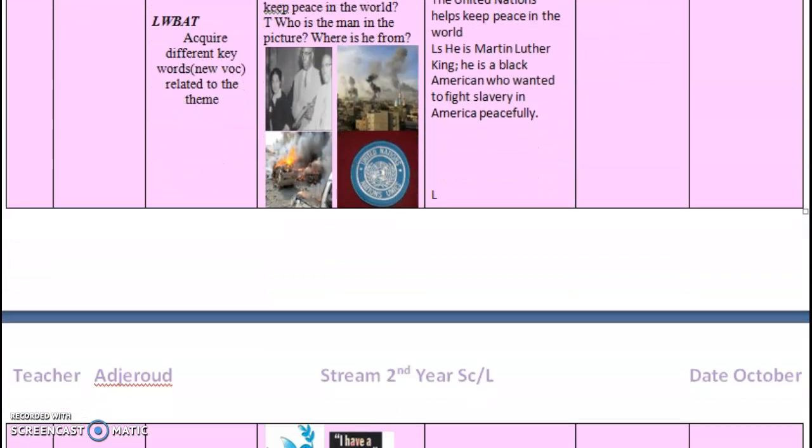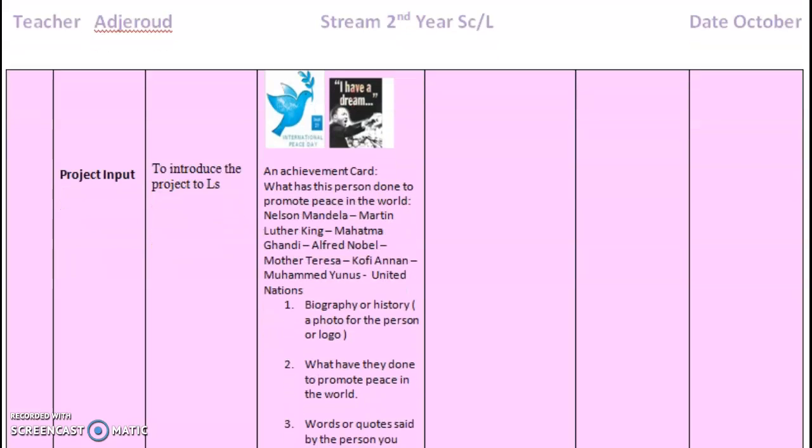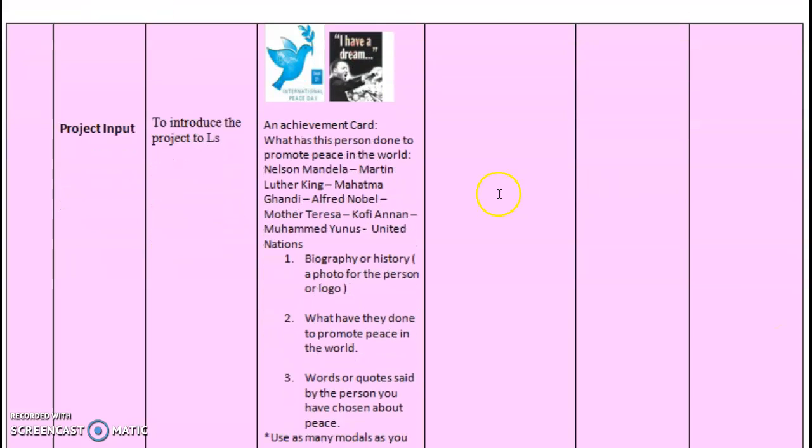Next, in previous years, we used to give the project on the first day of the unit, which is the project input. Here it's the stage. What is the rationale? It's to introduce the project to learners.